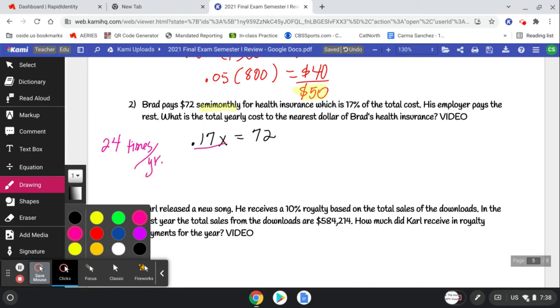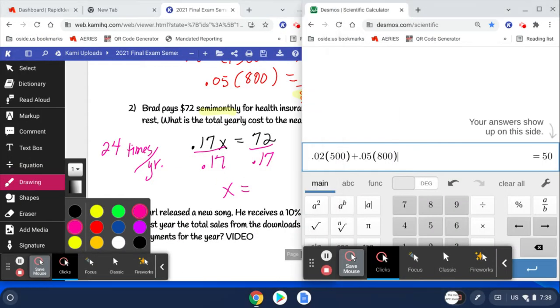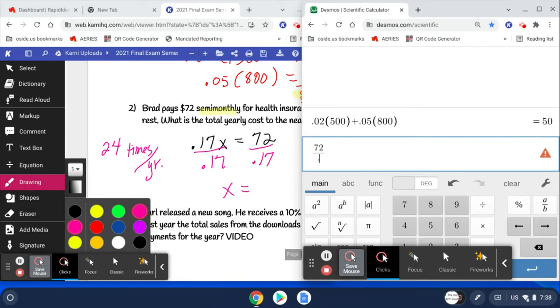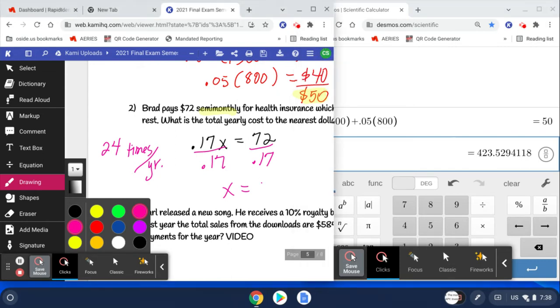Okay, so let's go divide this. Divide both sides by 0.17. So 72 divided by 0.17 is $423.53. Now this is just the 17% of the total cost.